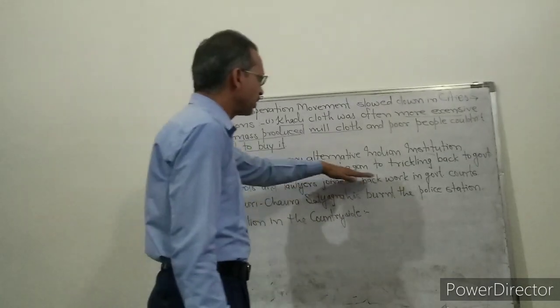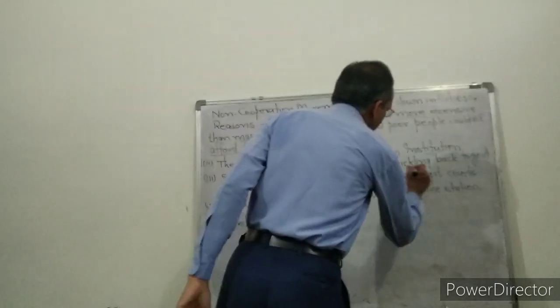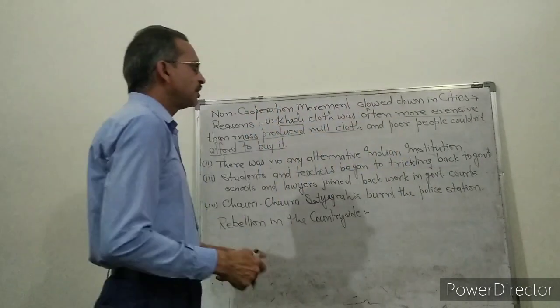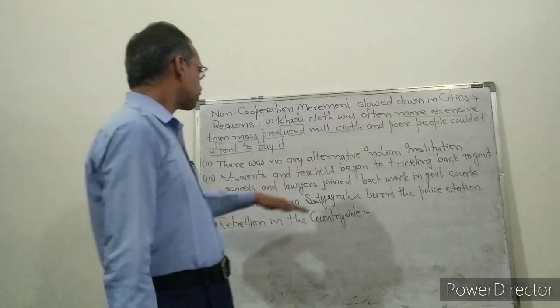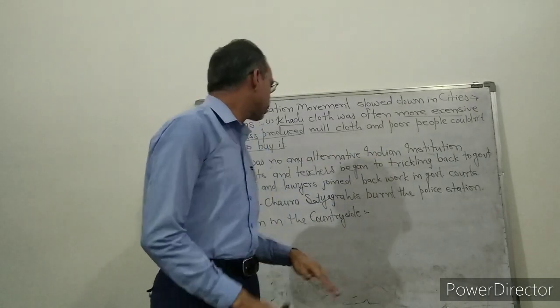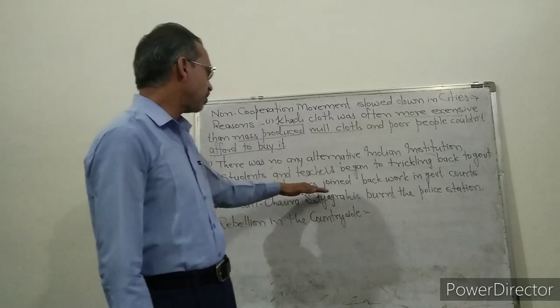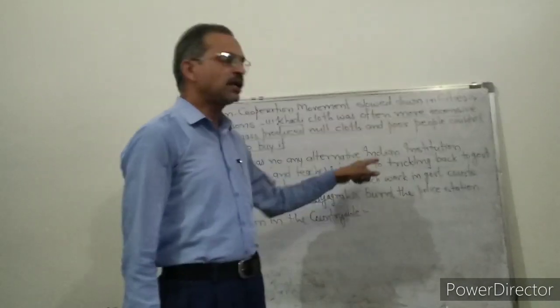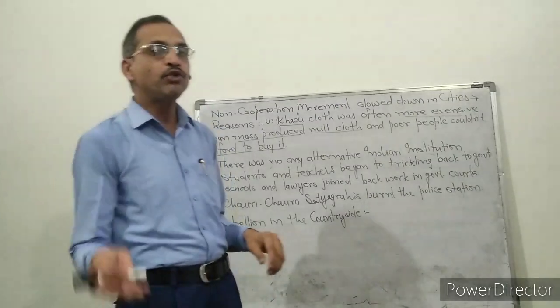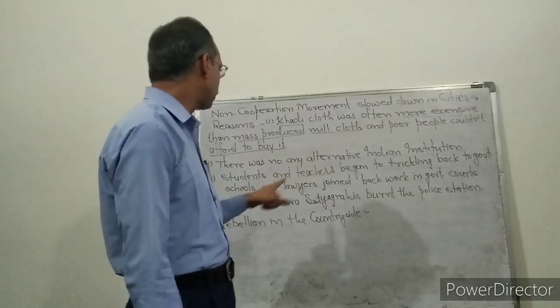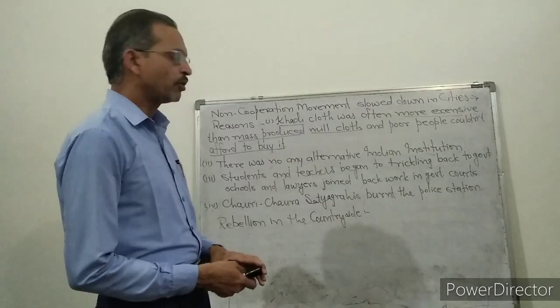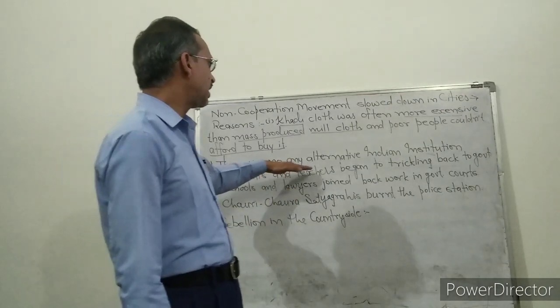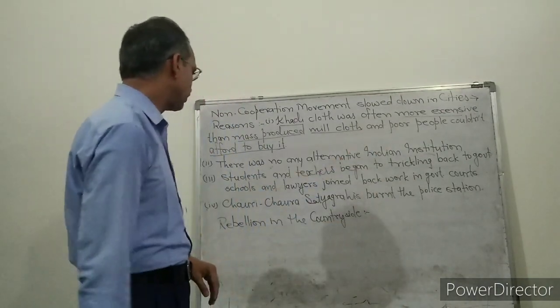Students and teachers began trickling back to the government schools, and lawyers joined back work. Trickling back means they rejoined the government colleges and schools. Why? Because there was no alternative Indian institution.